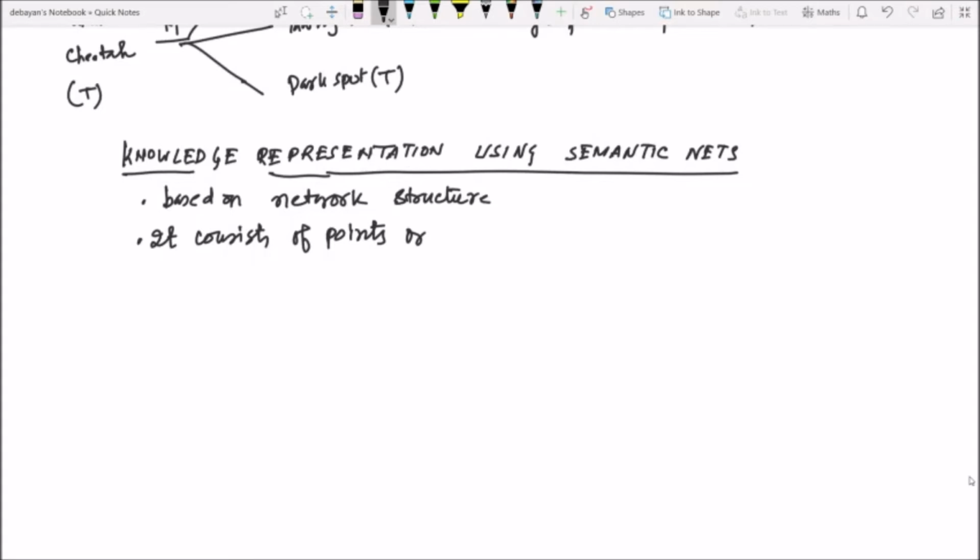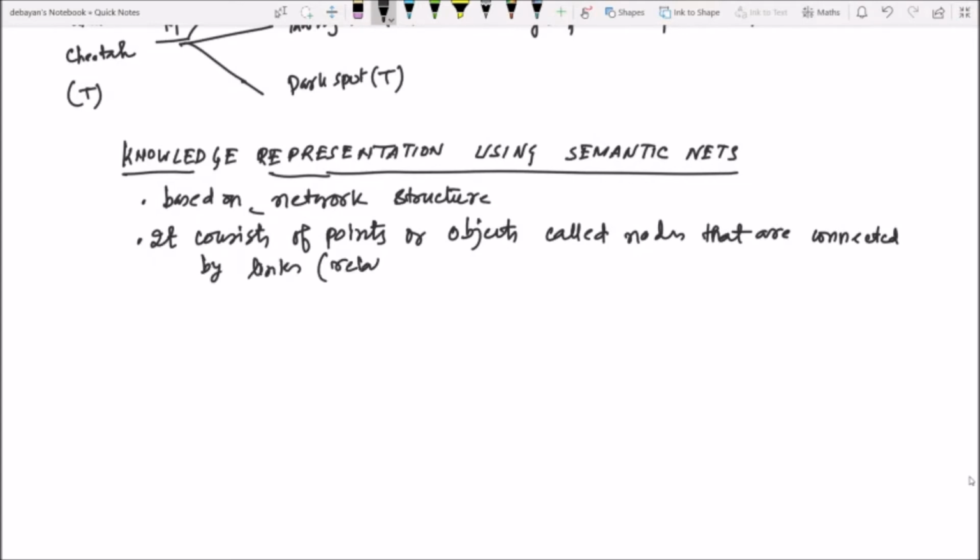ঠিক আছে। The thing is that it consists of points or objects. Points or objects that are called nodes that are connected by links.